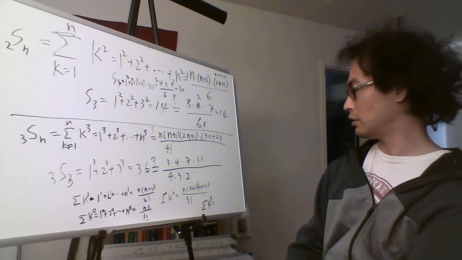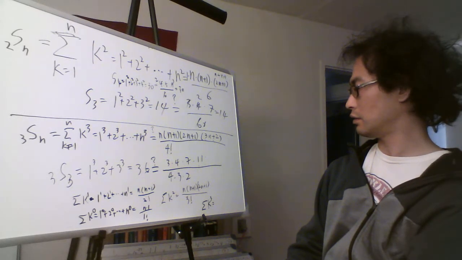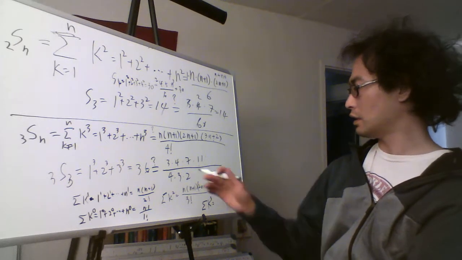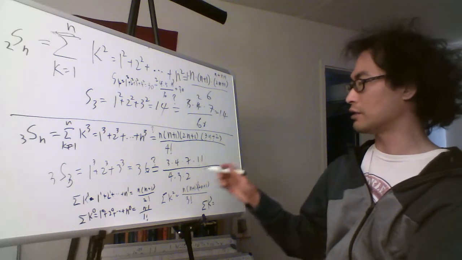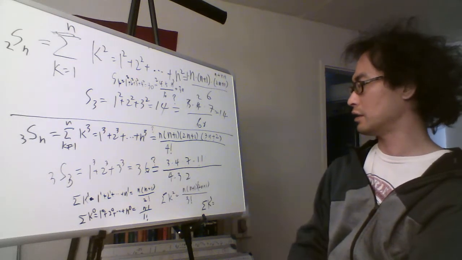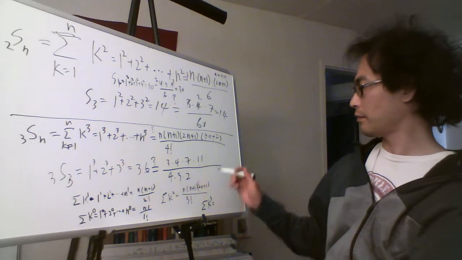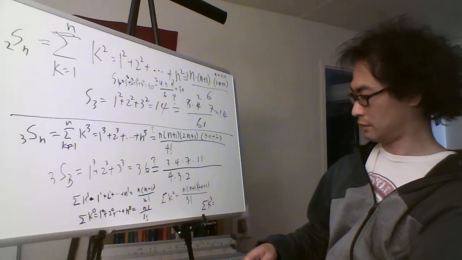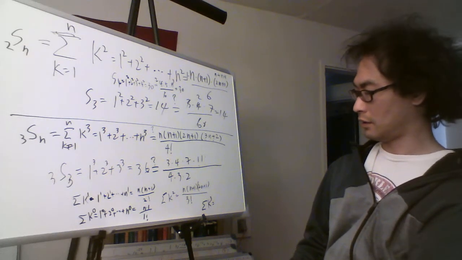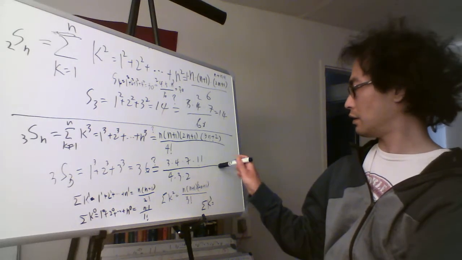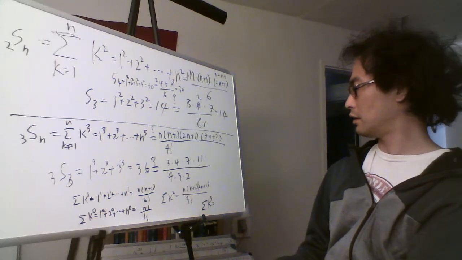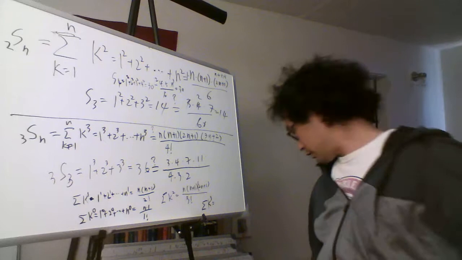Okay, so let's try to reverse engineer. Okay, what is 36? But this guy's wrong, right?